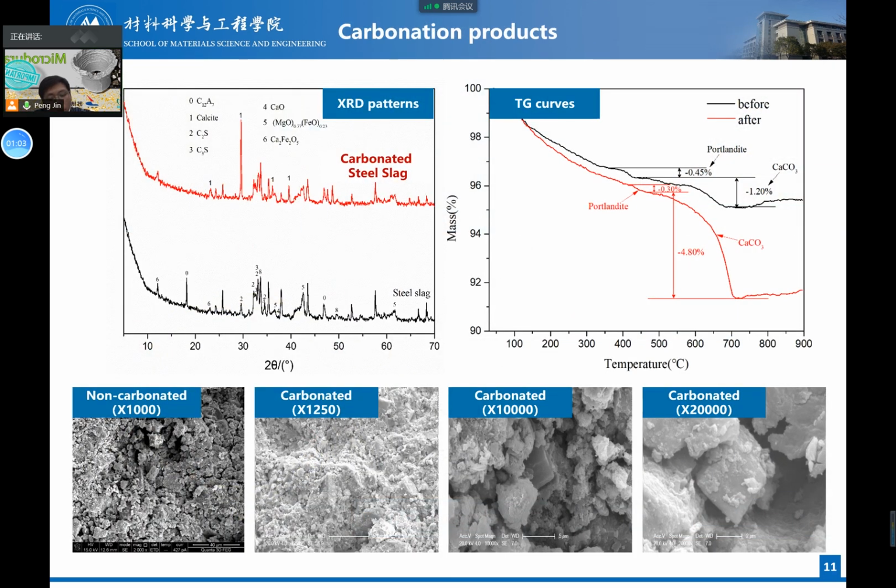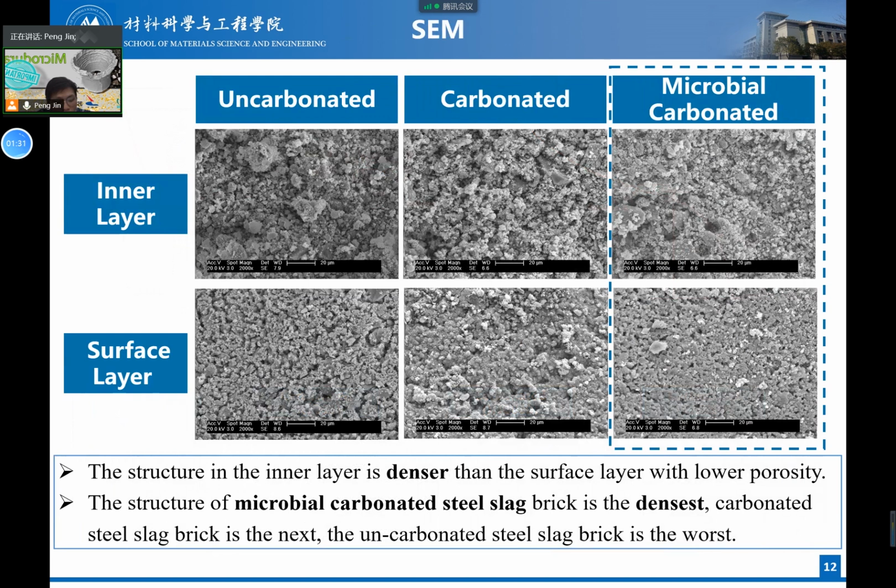The carbonation product here is calcium carbonate, and through SEM images, it is obvious that after carbonation, the microstructure is denser than before, and evident calcite particles can be detected in the capillary pores. These comparisons could directly reflect the effect of biocarbonation here, which has the densest microstructure after only 2 hours of carbonation.